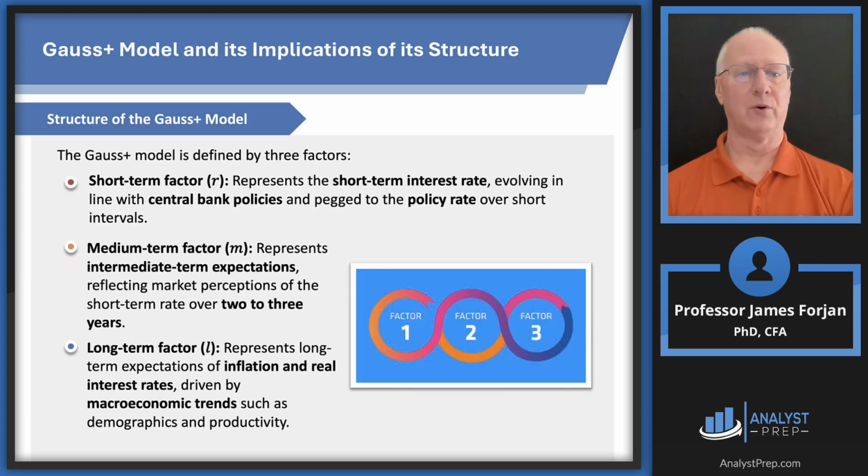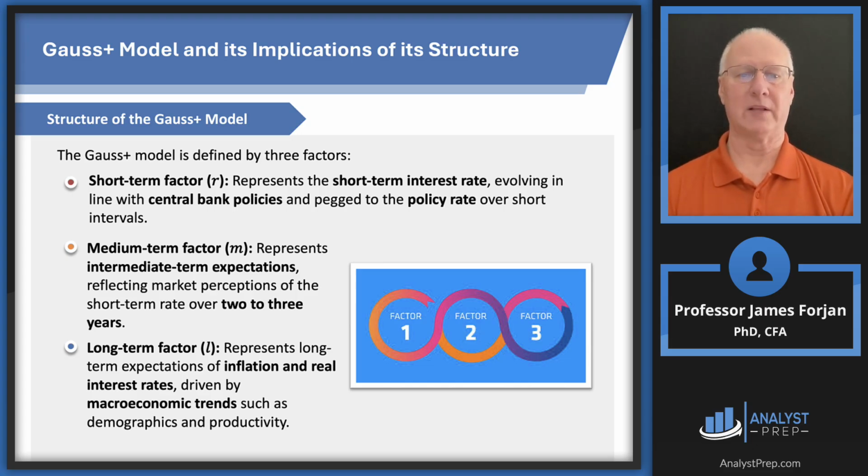So here we go. We have the short-term factor. That's just noted R, like it has been before. We'll have the medium-term factor, which is noted M, and the long-term factor, which is noted L. Think how genius that we are in finance.